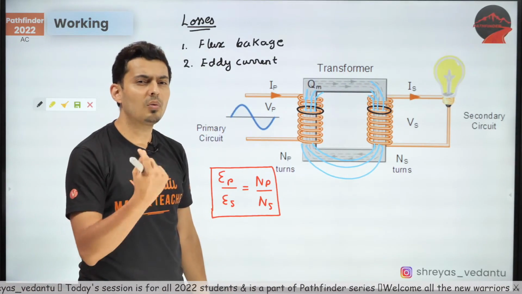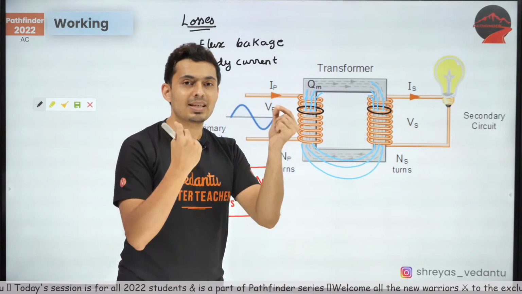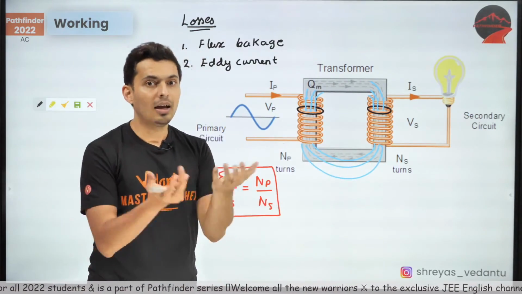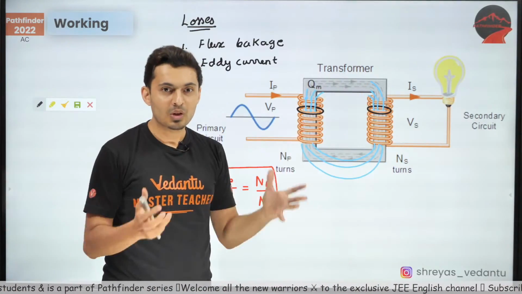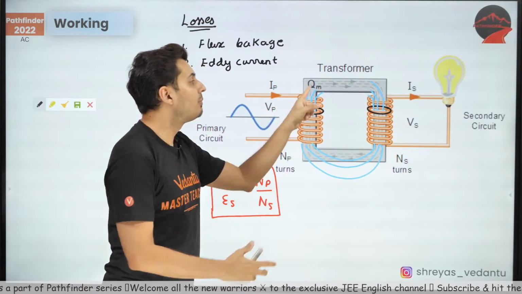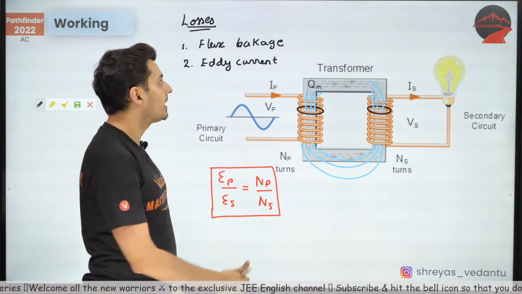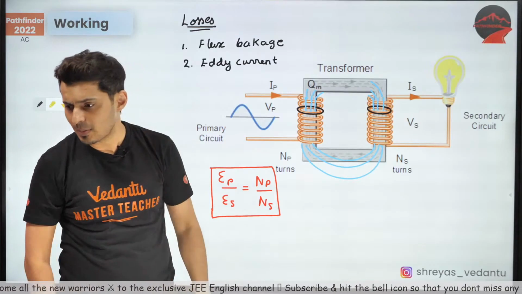The moment there is current, current produces I squared R loss, which is heat. And that heat is just going to go out. So the transformer will become hot because of these losses in the core. That is eddy current loss.